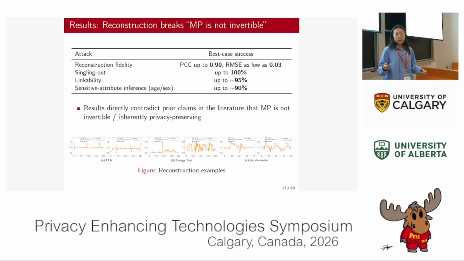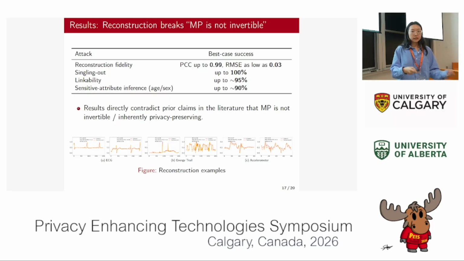So the results in a nutshell, here I give some examples. Here you can see the yellow lines and the red lines are highly overlapped, which means a very successful reconstruction. Statistically, we have a Pearson correlation up to 0.99 and RMSE as low as 0.03, meaning a very faithful reconstruction.